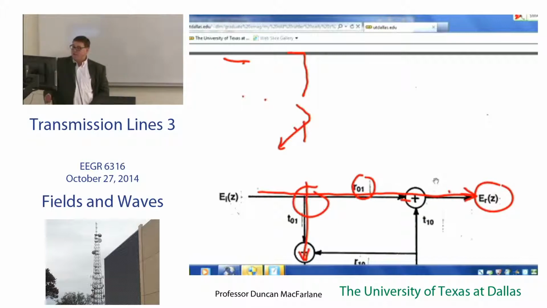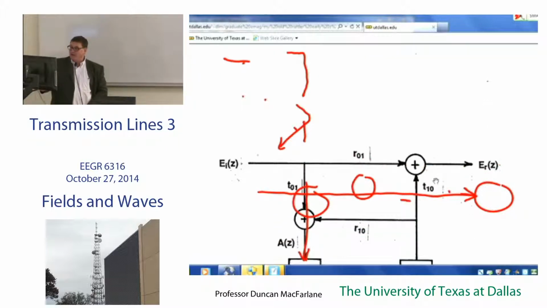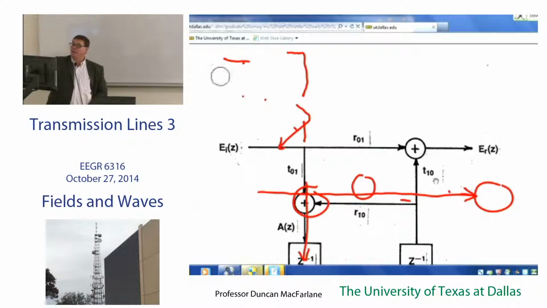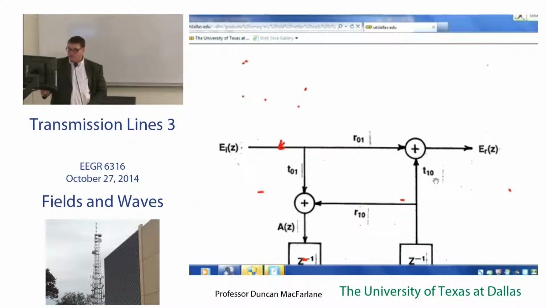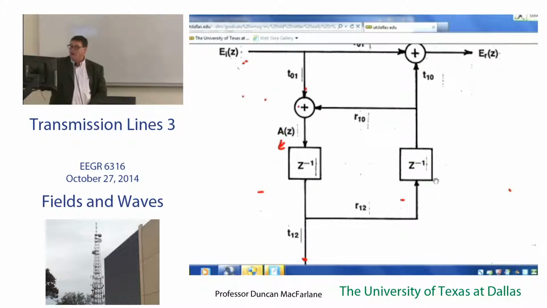Okay. Now the signal that goes through the device has a probability, or with its reflection coefficient, part of it will be reflected, fed back, going through a delay, coming back out, and being reflected and joining the reflected wave.